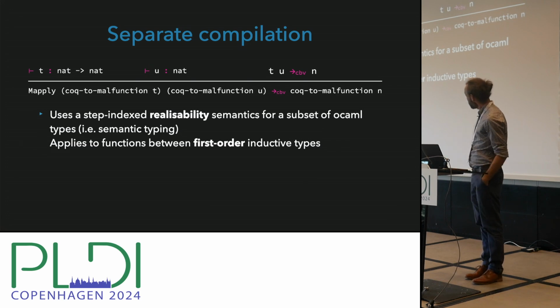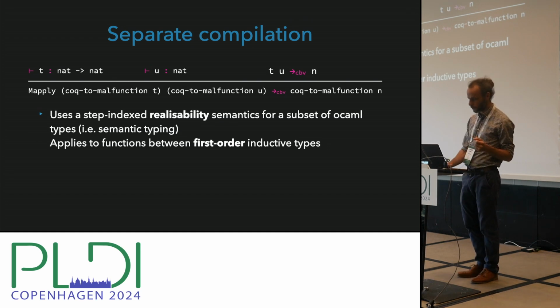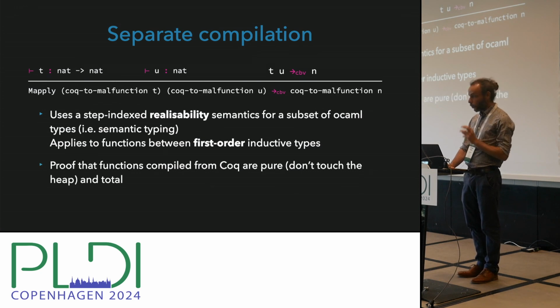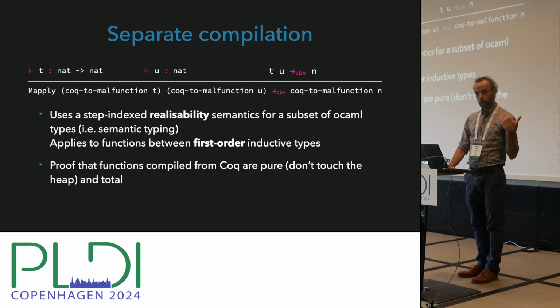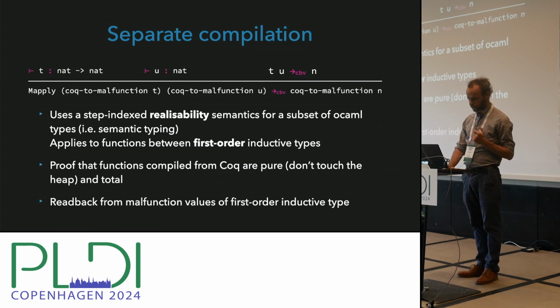To do that, we need to actually define step index realizability semantics for a subset of OCaml types, so the first order function types and first order inductive types I was mentioning. So only for a subset of the Coq types. And we need to show that the functions that we compile from Coq are pure, they don't touch the heap, so that we can verify this theorem.